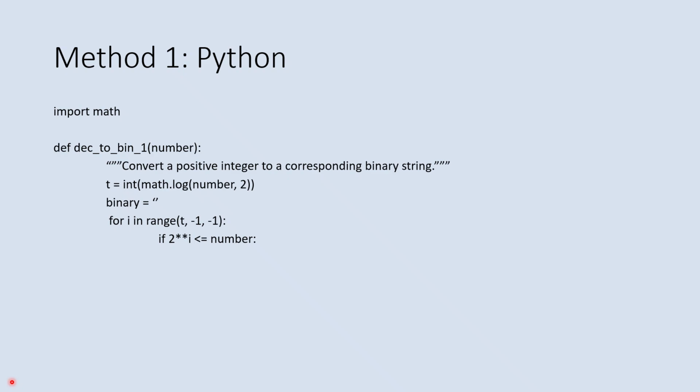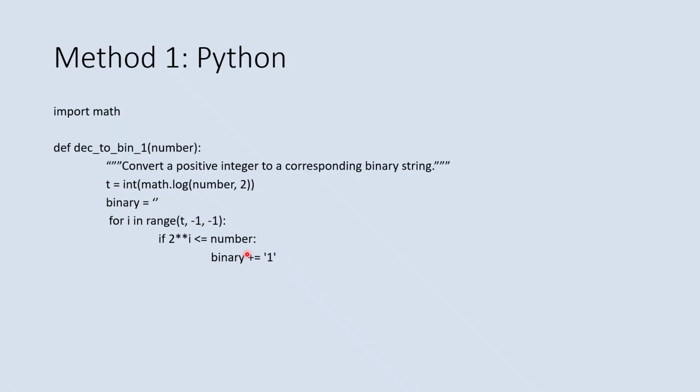And so we're looking at this and we say, okay, we're on this particular power. If 2 to that power is less than or equal to the number, then that means that that value is going to be part of the number that we have. So that means that 2 to the i is less than or equal to the number.